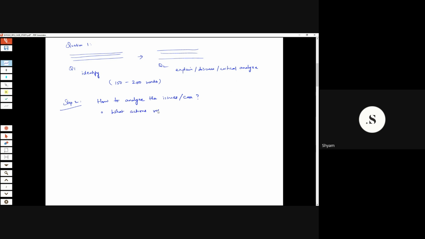What actions were taken by the characters given in the case study, or what transpired or what happened in the given scenario? Then you identify whether they are appropriate in the given context, and if such actions are taken, what would be the consequences?